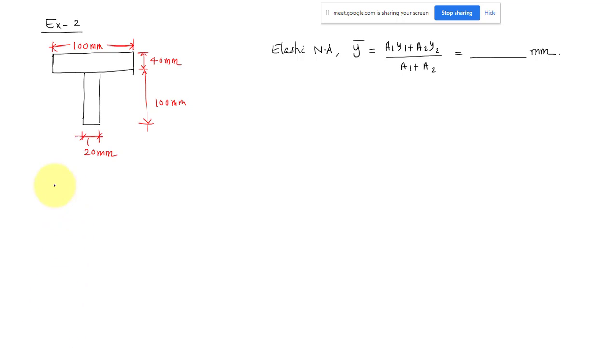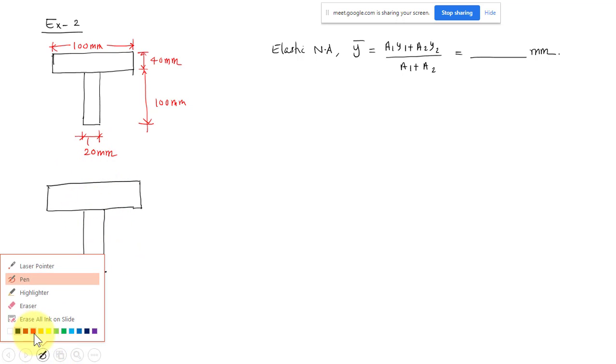And how to find the plastic neutral axis? Where will the plastic neutral axis be? It will be in the flange, or it will be in the web. This is called the flange, and this is called the web. The flange is much thicker and the web is thinner. So that means this area is more than this area.